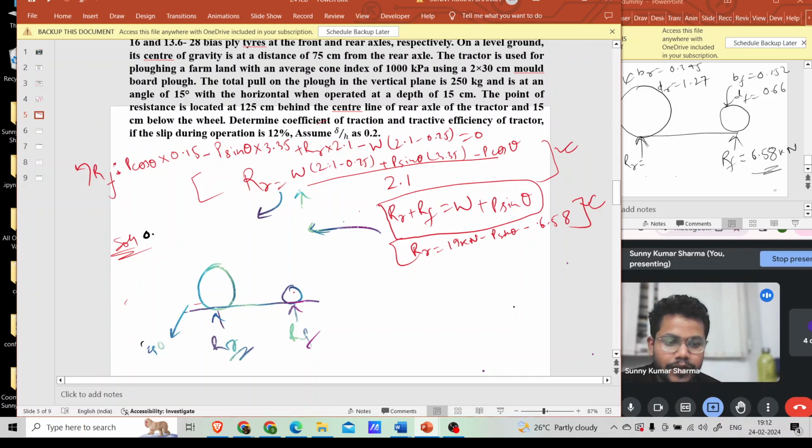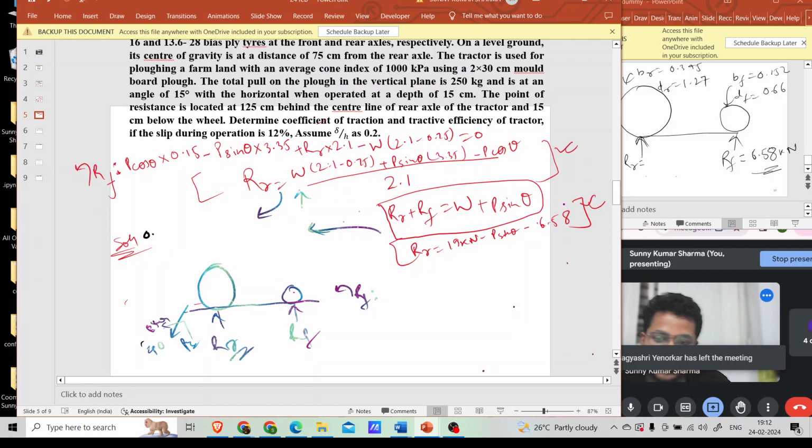You have to do the moment arm analysis at both the wheels. Take the moment arm around RF and do the analysis. Here it is P cos theta, and P sin theta. This P cos theta moment arm and P sin theta moment arm, then RR and W.